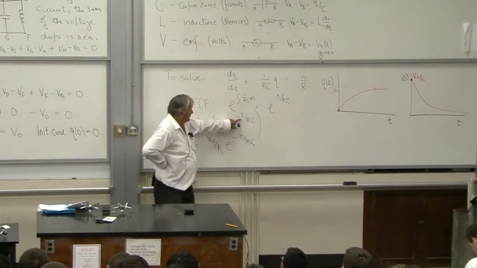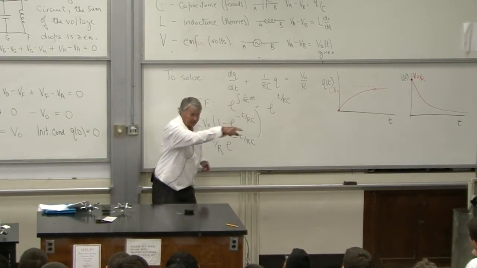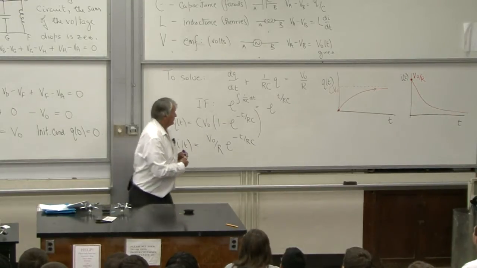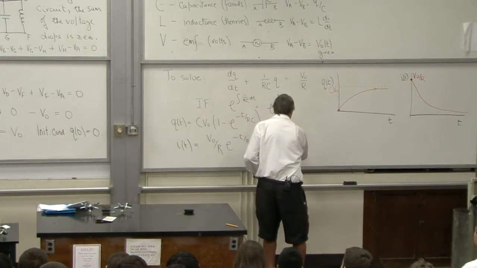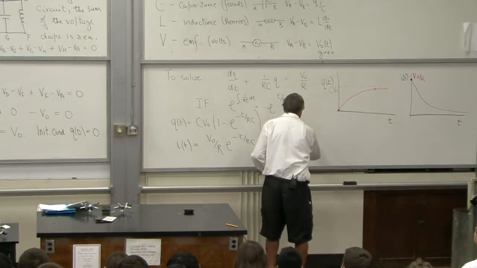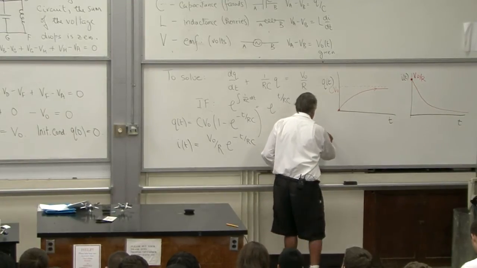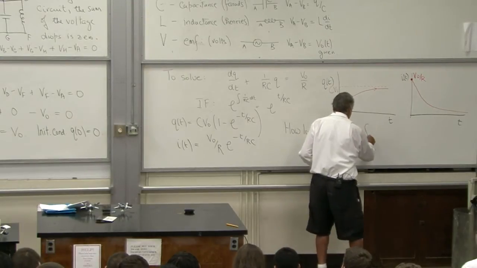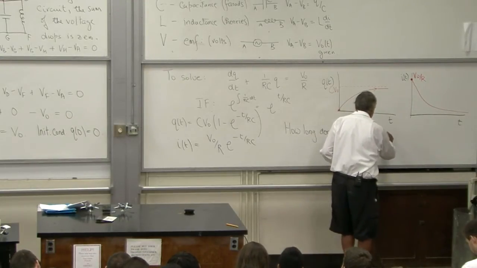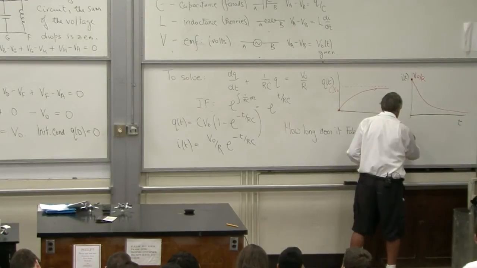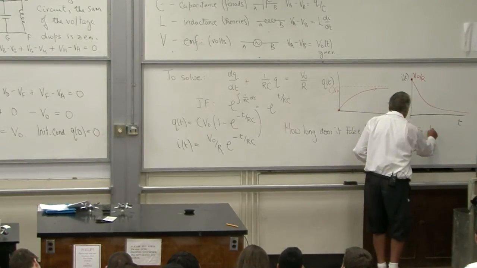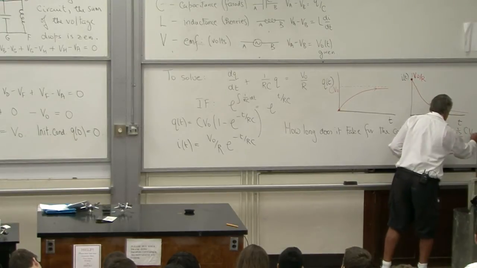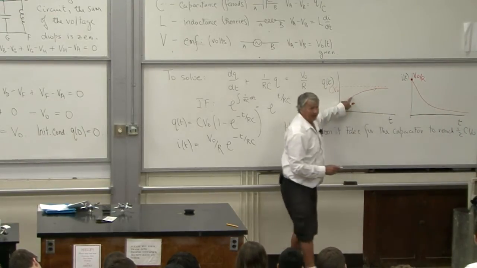When I say t large, compared to RC, exactly. So for instance, if I ask, how long does it take for the capacitor to reach half CV0? In other words, to get to halfway.